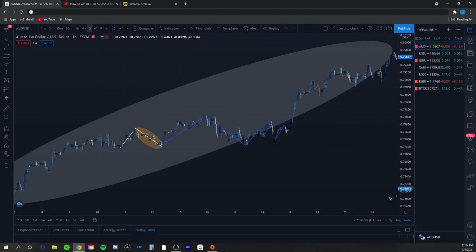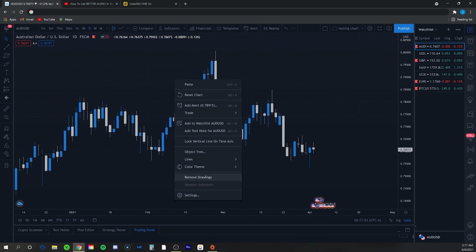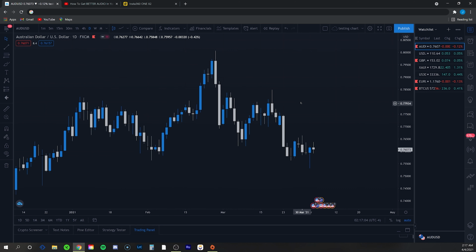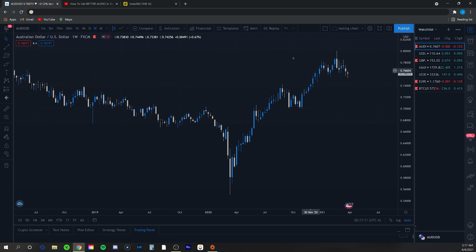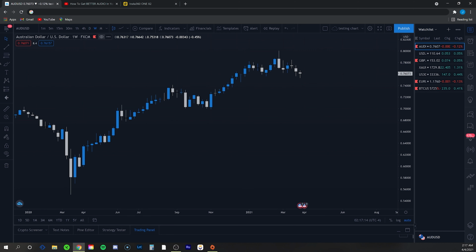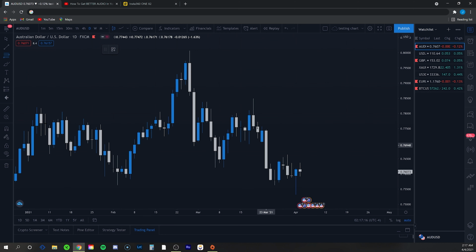So where the question was being asked is if my bias is still bearish on AU, and technically overall yes, based off of this daily time frame. Understanding where we're at on this weekly time frame, we've been extremely bearish. So this big push right in here, we were maintaining lower high points, made a lower low point.